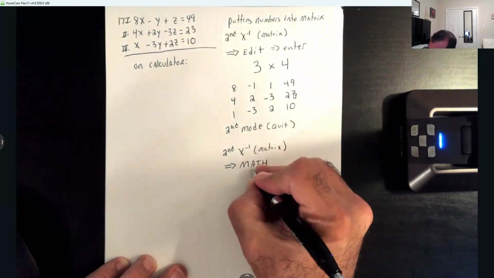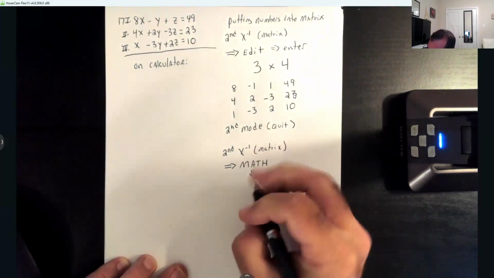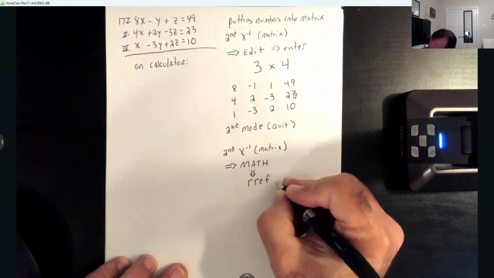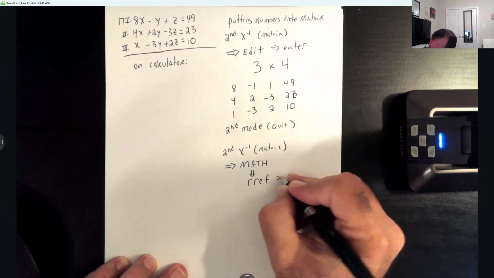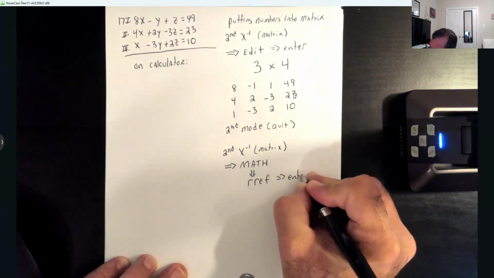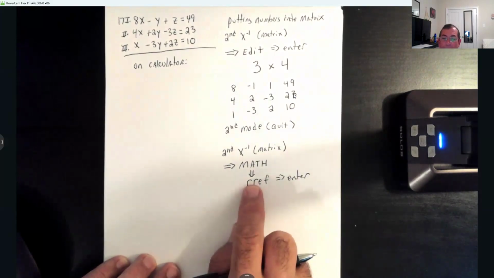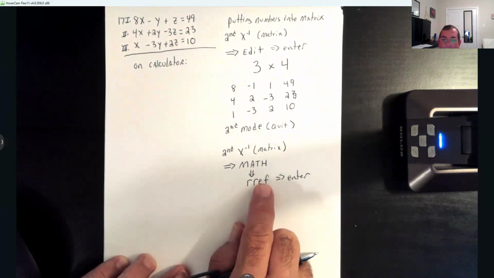On math, we're going to arrow down and get RREF, and then hit enter. Once I do that, on the front of my calculator screen, it's now going to say RREF.